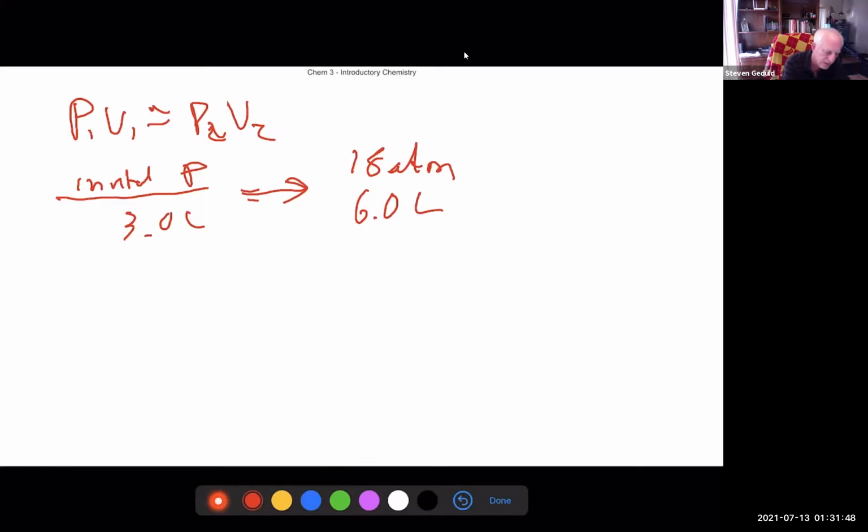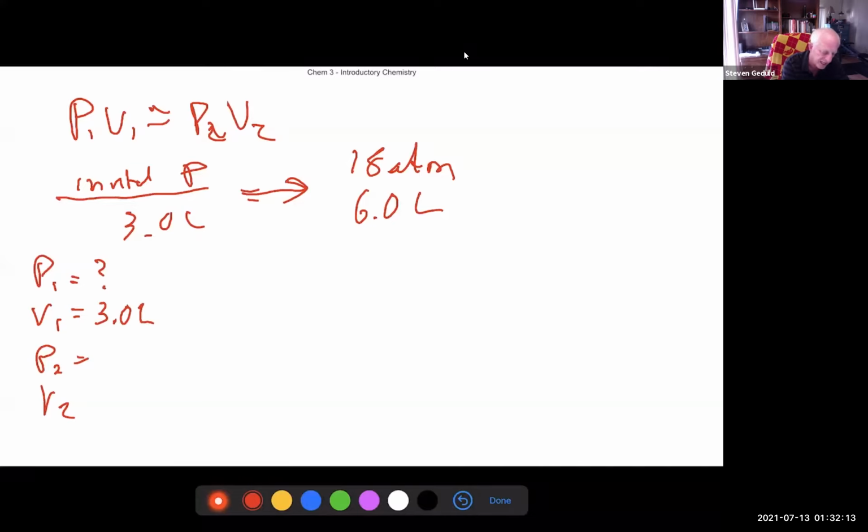Okay. So all you have to do is identify your variables. This is P1, V1, P2, V2. P1 is what you're looking for, the initial pressure. The initial volume is 3 liters. P2 is the pressure of the second container, which is 18 atmospheres.